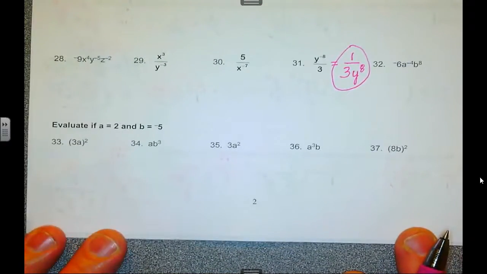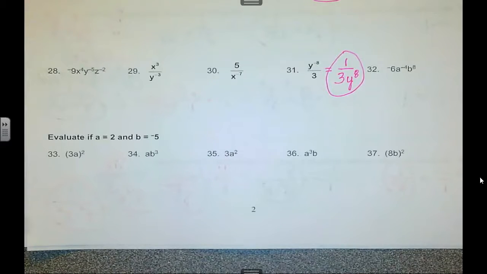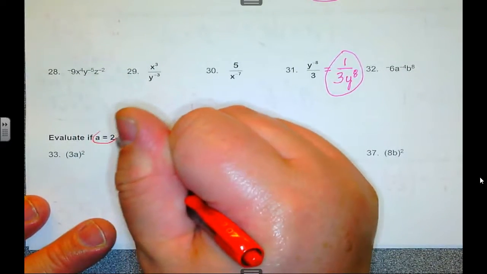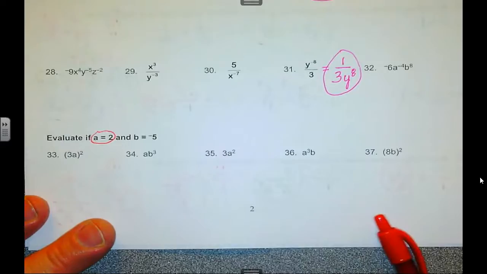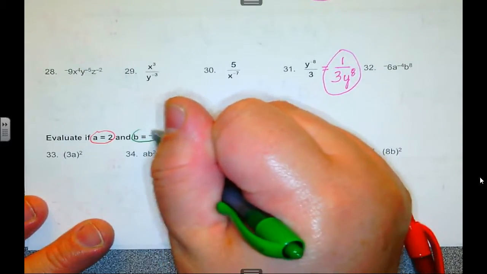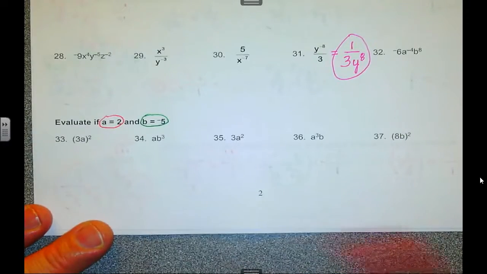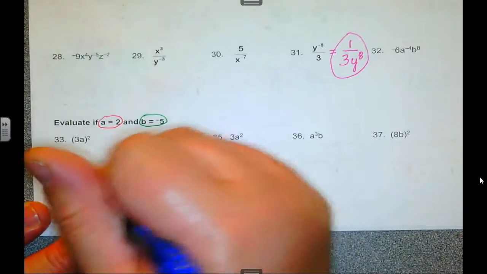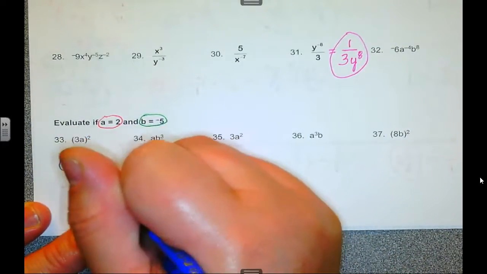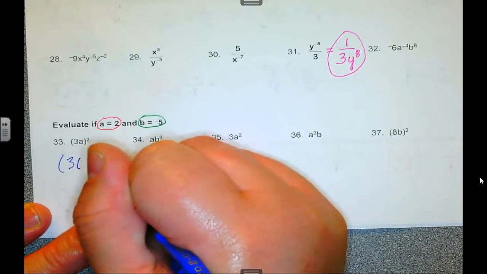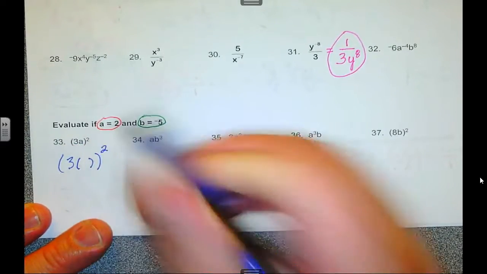All right, let's do some evaluation. Okay, put the phone away. Ladies, put the phone away. Let's see. A equals 2. B equals negative 5. So 33, I have 3. I'm going to need to substitute an A value. That's all raised to the 2.